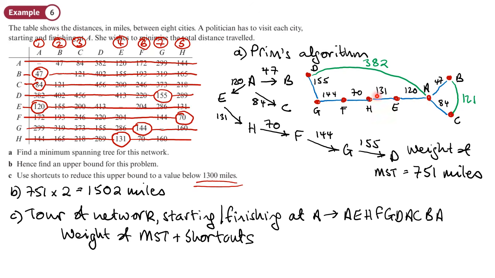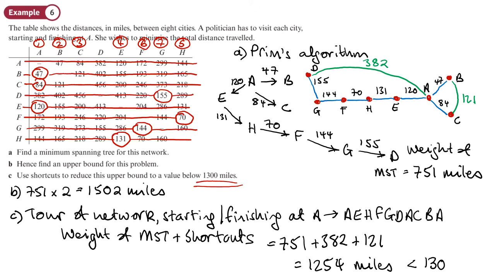So the minimum spanning tree, which is all the edges in blue, plus our shortcuts, so that will be 751, plus our shortcuts of 382 plus 121. Let's see what that gives us. Well, that's 1,254 miles, and that is below the 1,300 miles that they wanted in the question.